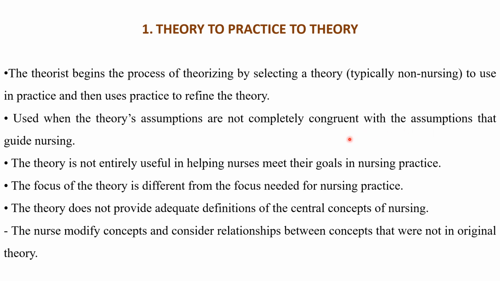So in some parts it is congruent, some is not matching with our nursing profession. So the theory needs some modification. And the theory is not entirely useful in helping nurses to meet their goals in nursing practice if it is directly used. If some modifications are done, it may help practice better.